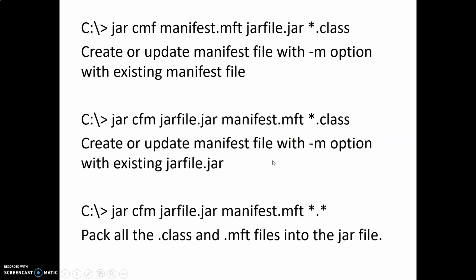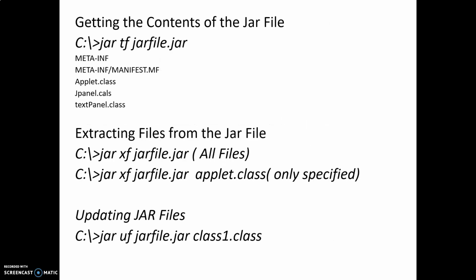After creating the manifest file, we need to combine them together. Here I have used .class, here I have used .class, here I use .*, which packs all the things inside the jar file called jarfile.jar. Then to retrieve the contents from the jar file, we use tf, which will give us the output something like META-INF. Let us imagine that there are Applet.class, JPanel.class and so on.